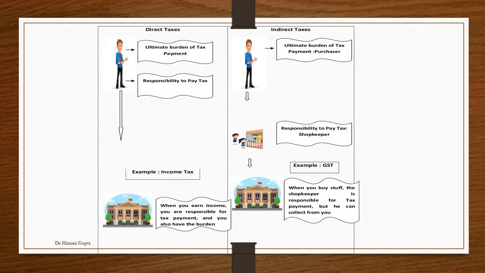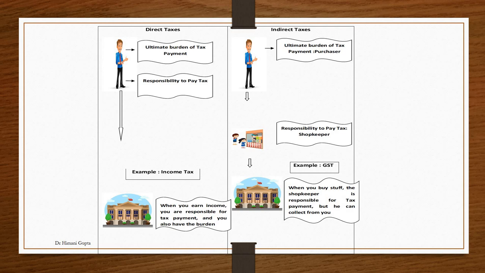Over here you are seeing the diagram where I have divided the complete diagram in two parts, direct tax and indirect tax. In direct tax, the ultimate burden of tax and responsibility to pay tax falls on the person, and he directly pays the tax to the government. For example, income tax.